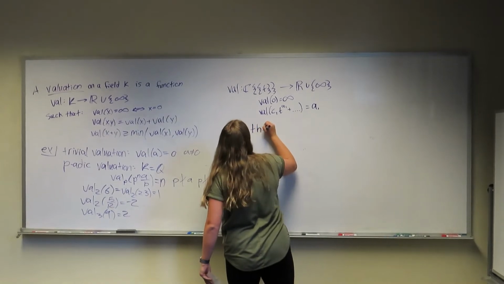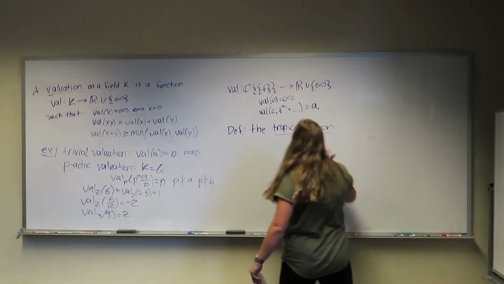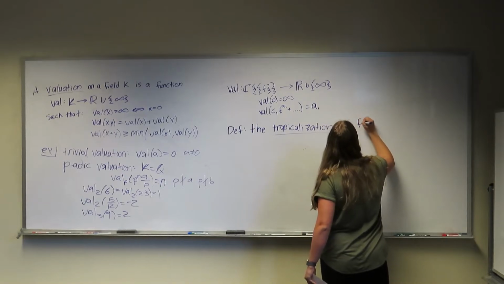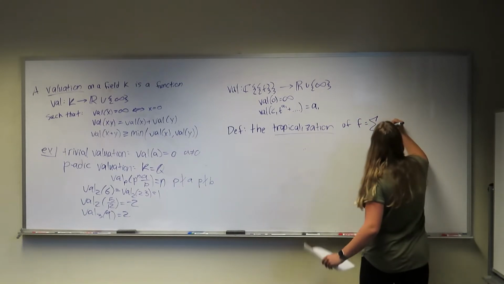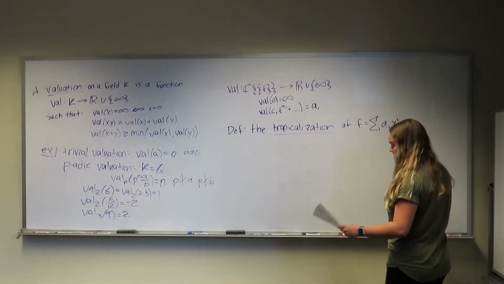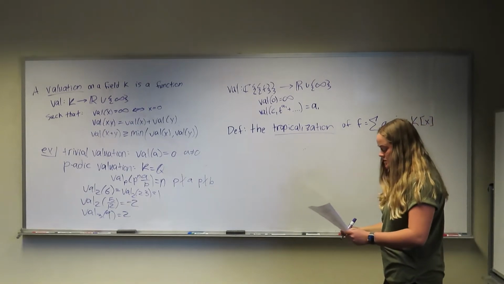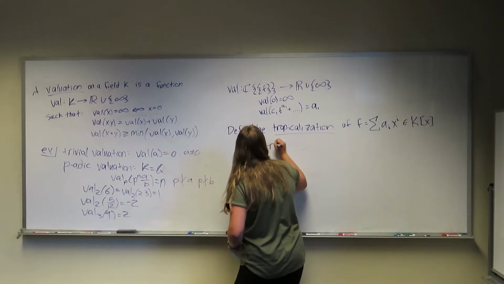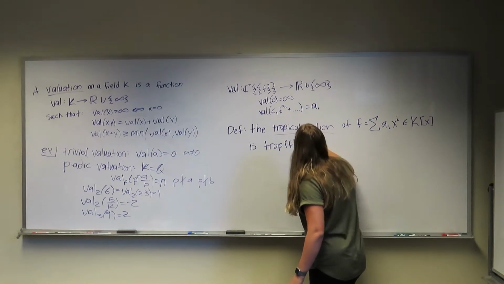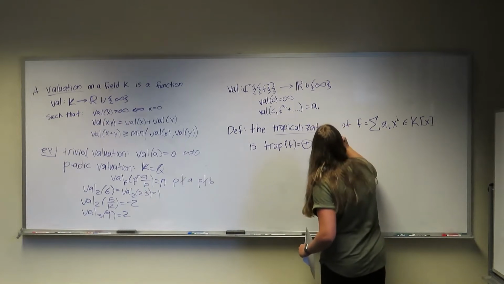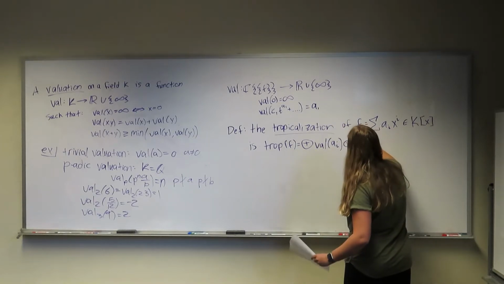Okay, so the tropicalization of some f that is the sum of a_i x to the i, in K adjoining x, is the trop taken over the valuations of our coefficients, and still doing our normal algebra.